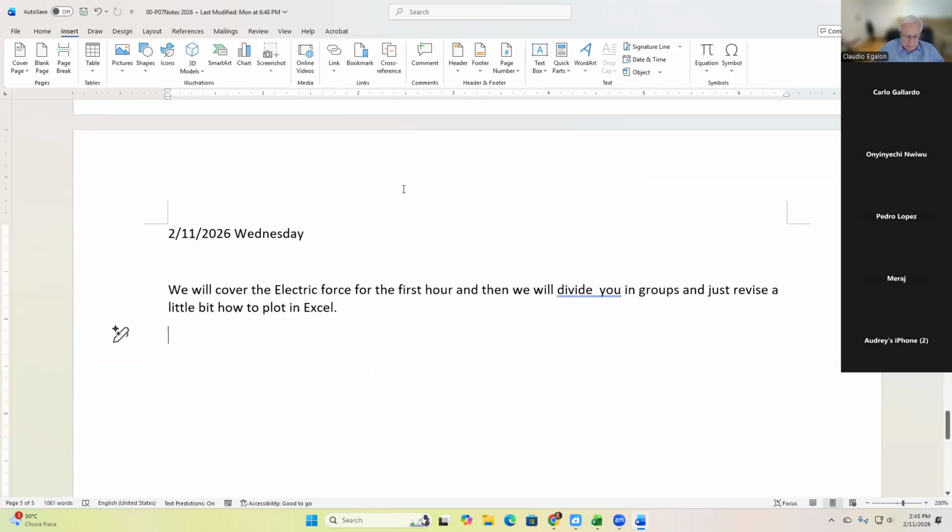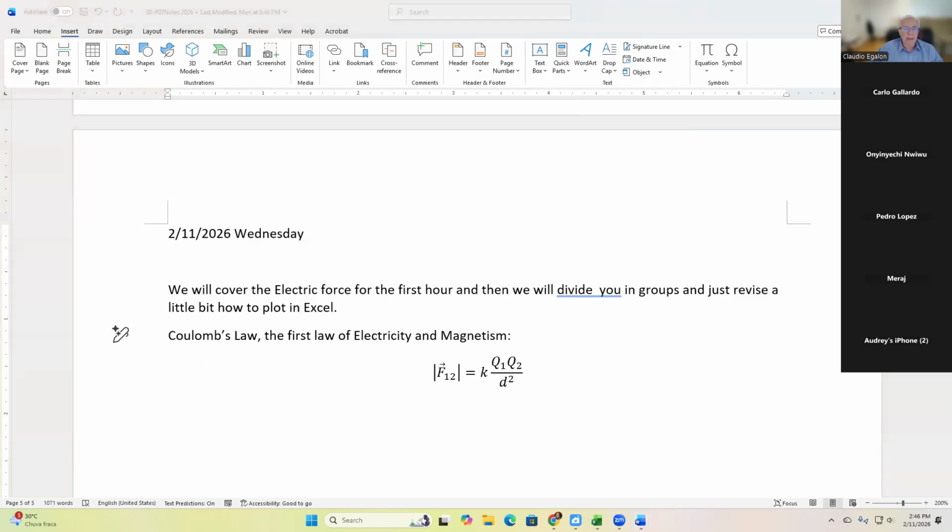Now, Coulomb's law has more than one format. The first law of electricity and magnetism. Whenever you have 2 charged particles nearby each other, they exert a force.